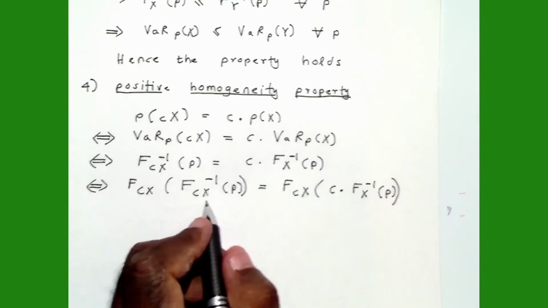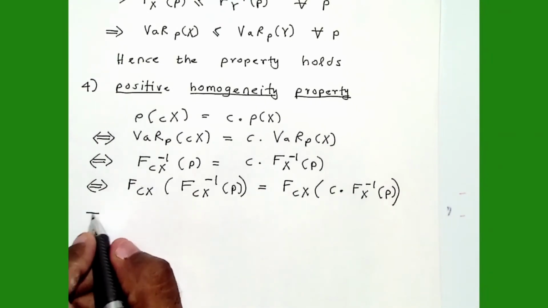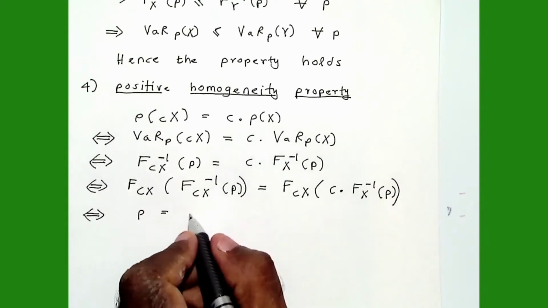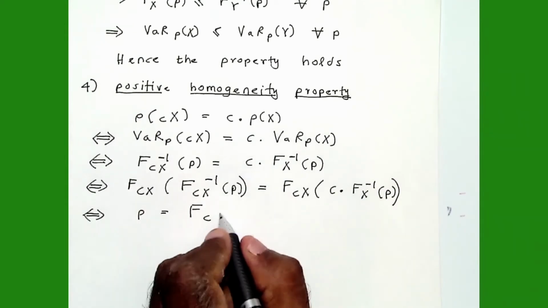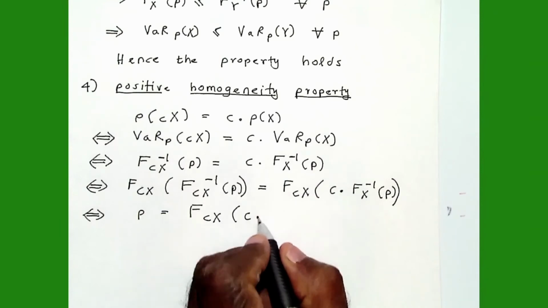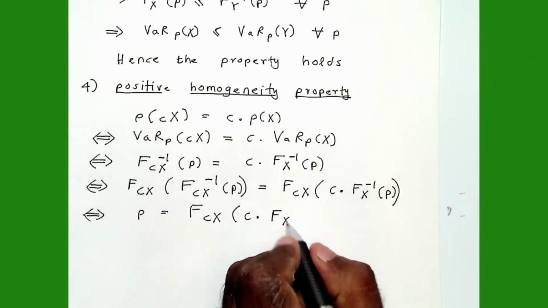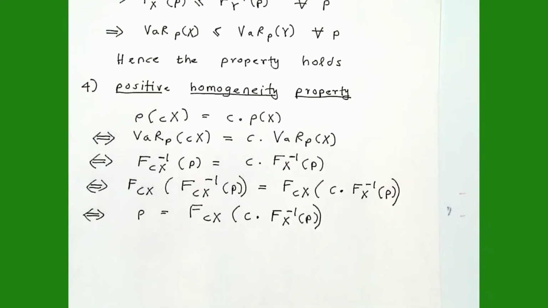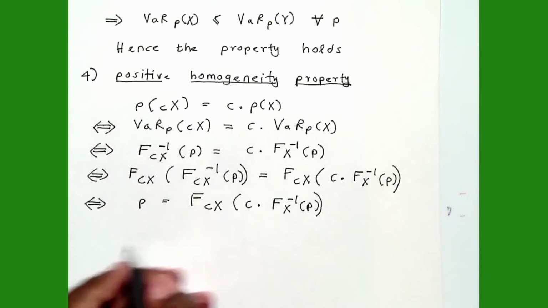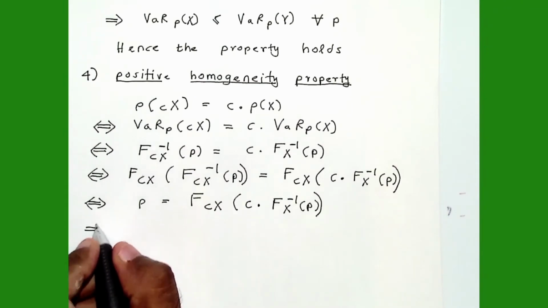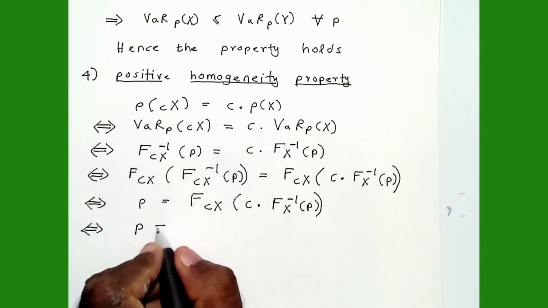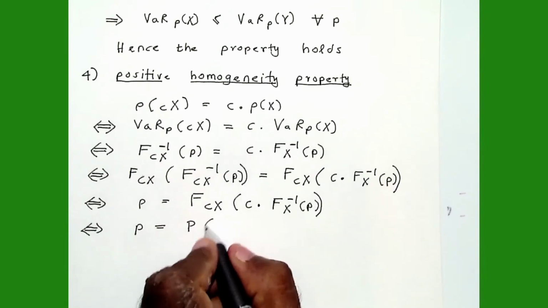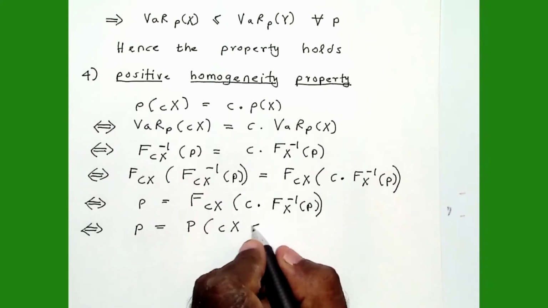Now the left hand side is clearly equal to P, right. Now I'm going to deal with the right hand side. By definition of the CDF, you can write the right hand side as follows.